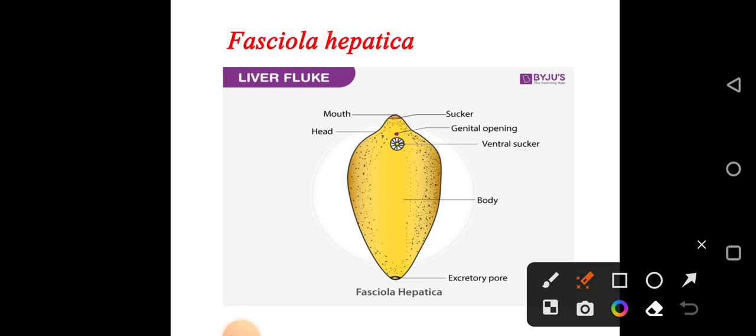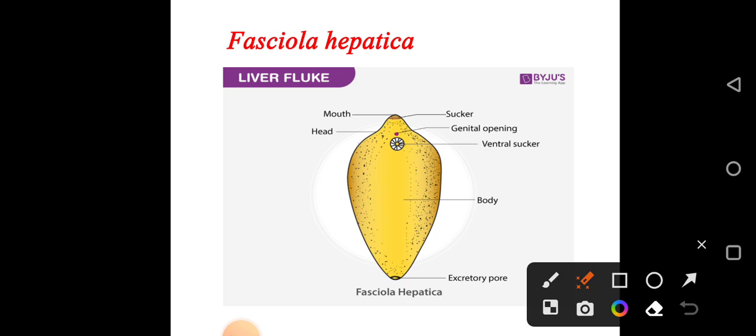Then the simple structure, which we also call the external features, of Fasciola hepatica. Second point is size and shape. It measures about 1.8 to 3 centimeters in length and 0.4 to 1.5 centimeters in width.